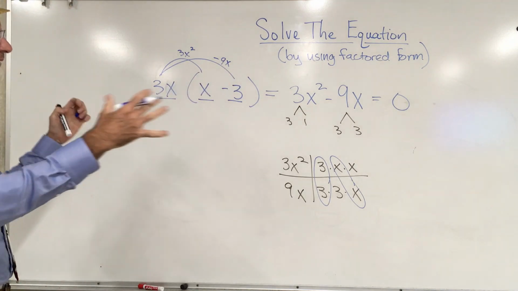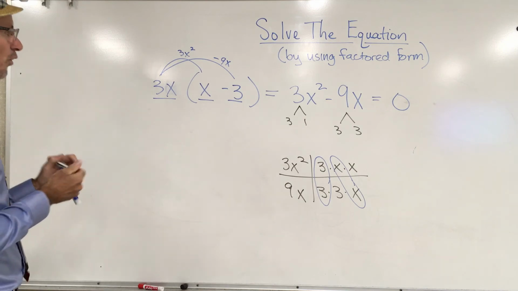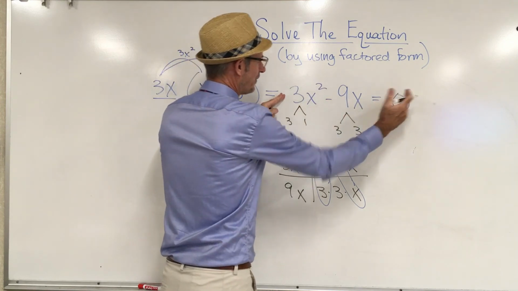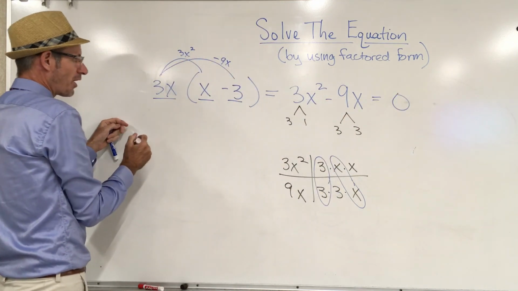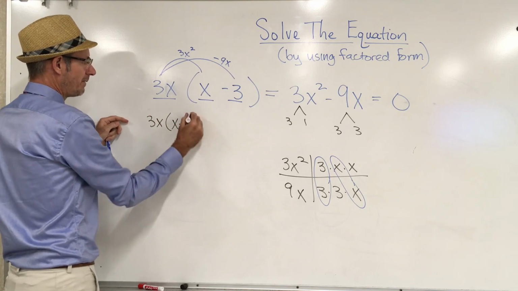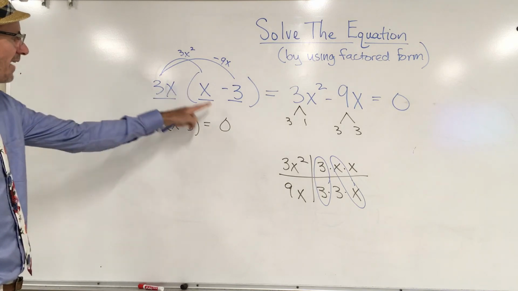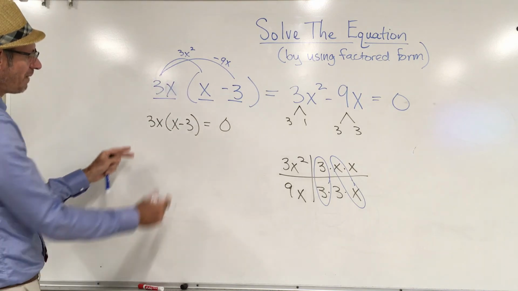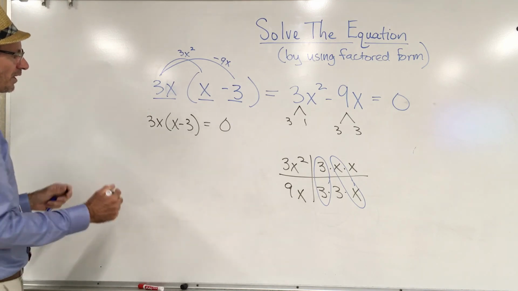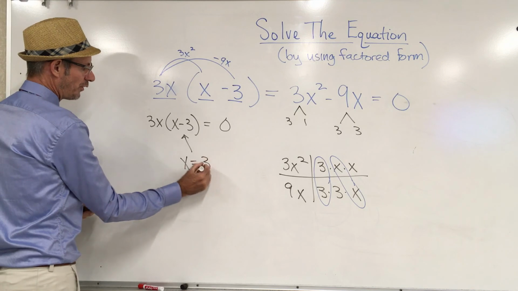So now we're going to rewrite our equation, but our equation is going to be in factored form. So our equation used to be 3x squared minus 9x equals 0. Now in factored form, our equation is 3x times x minus 3 equals 0. Now we need to find the values of x that will make the left side of the equation equal to the right side of the equation. Well, we already know that here, x needs to equal 3.